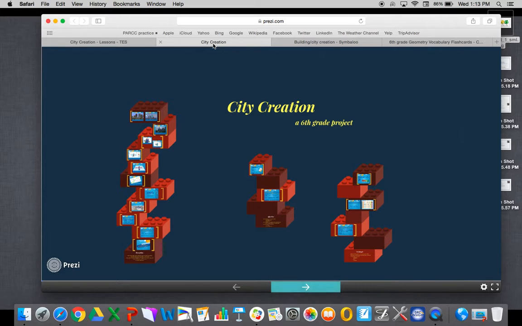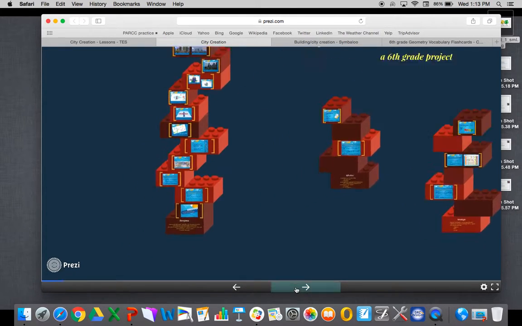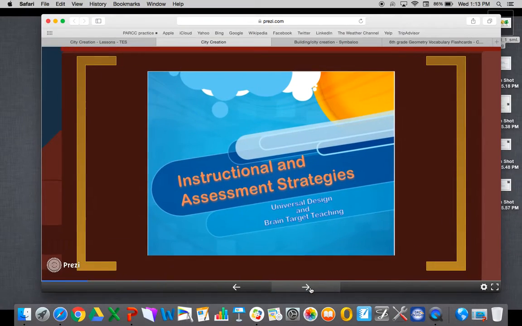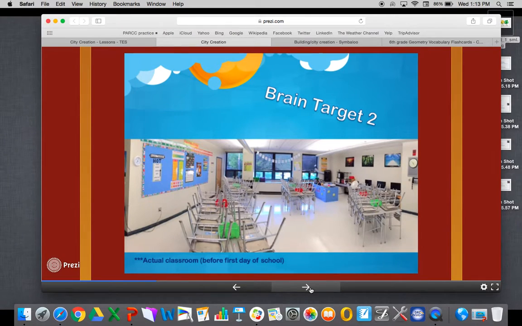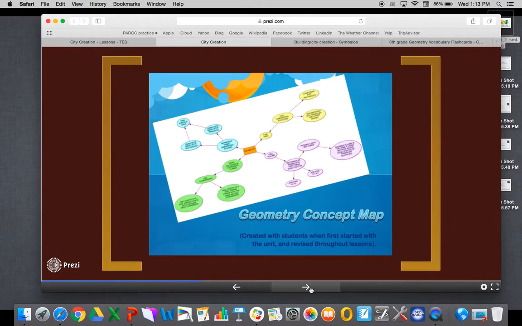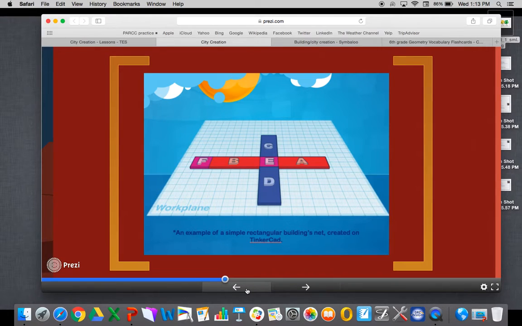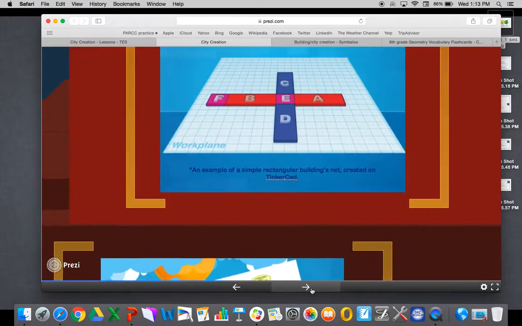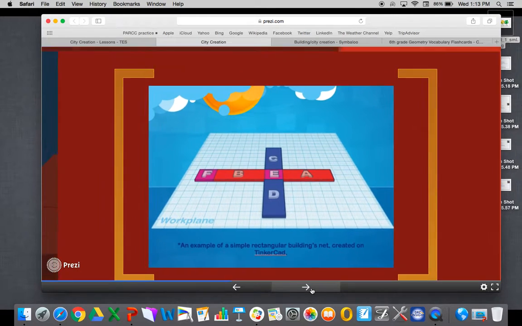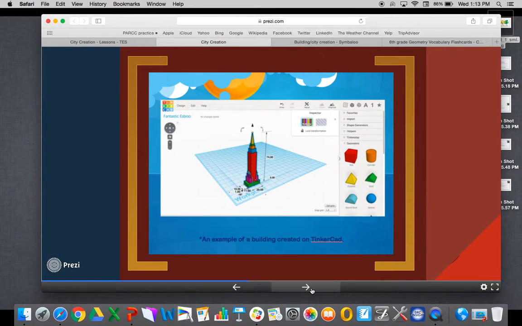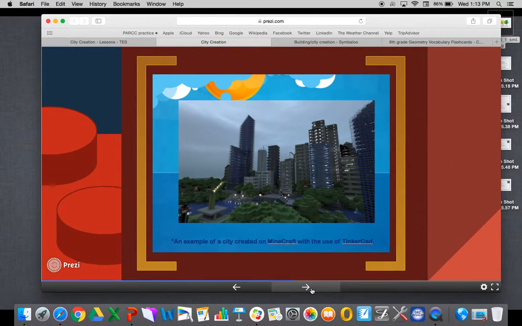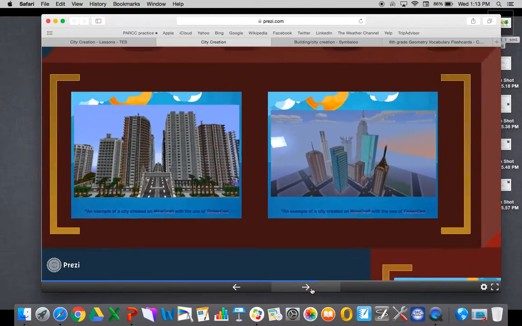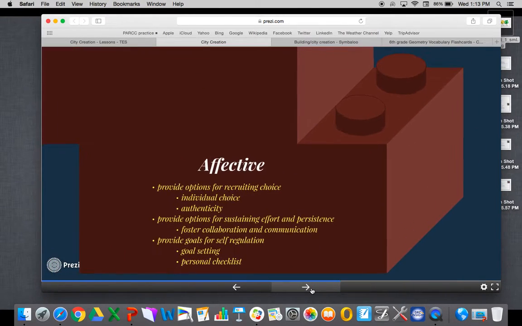On this Prezi that I have created, students would be able to see, let me just quickly go through it, some examples of what their project should look like. And there's also a few things for students to use, such as a concept map for this unit and an example of what a net should look like for their building. And these are just some examples of buildings that have been created on Tinkercad, just to give some students some idea, as well as actual cities that were created on Minecraft.